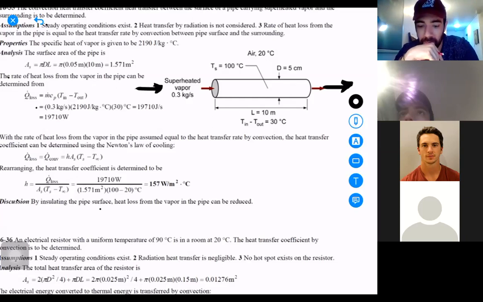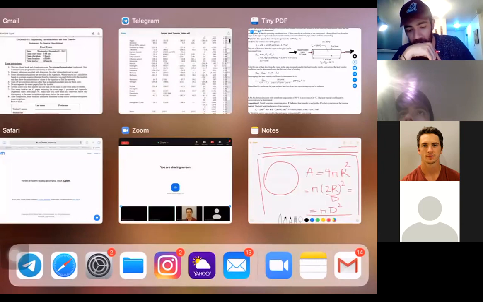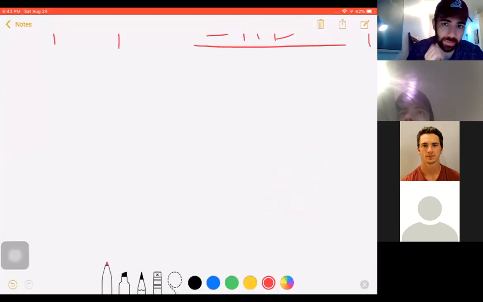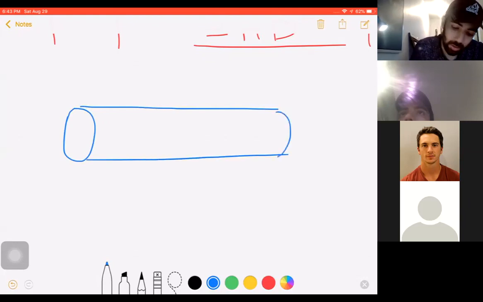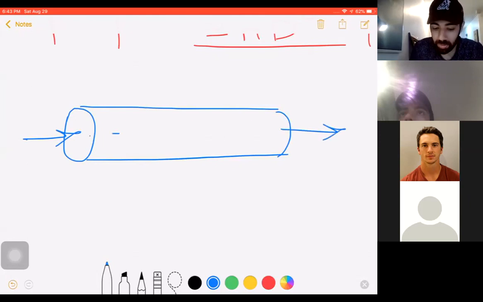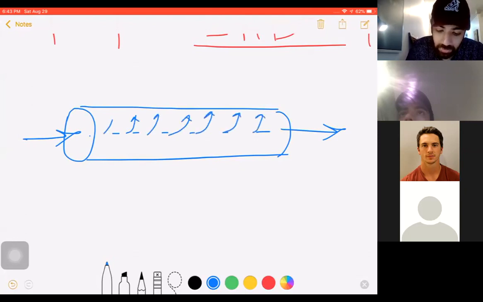So if I again depict the picture of the problem, let's use blue this time. So a pipe is considered, a superheated vapor is coming and is exiting. Throughout the length of this pipe, the energy will be transferred to the inner surface of this pipe.